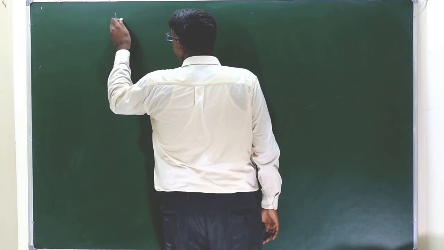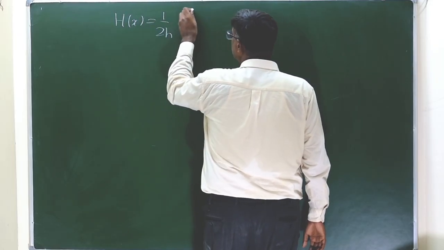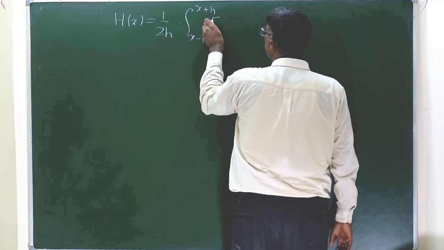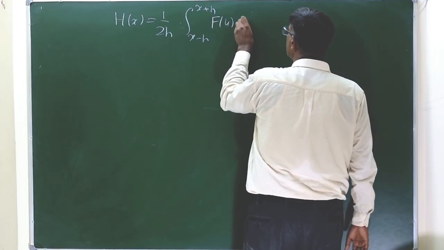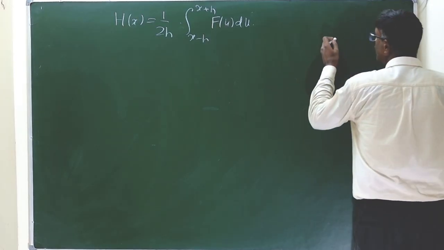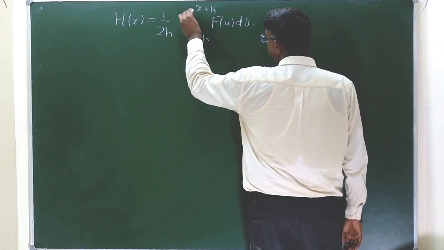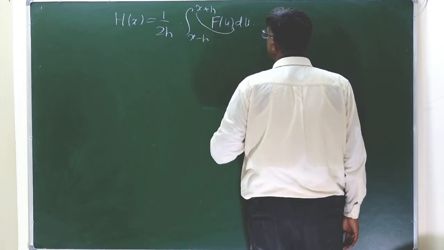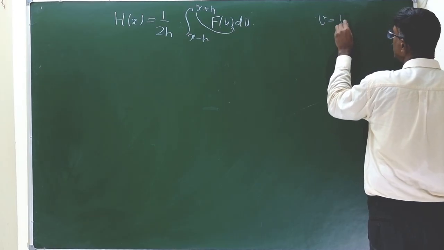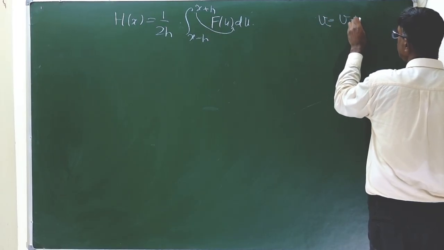So h of x is defined as 1 upon 2h, integral from x minus h to x plus h of f of u du. Now what I will do, I will bring this x from the limits to this place. So I will substitute u as v plus x.